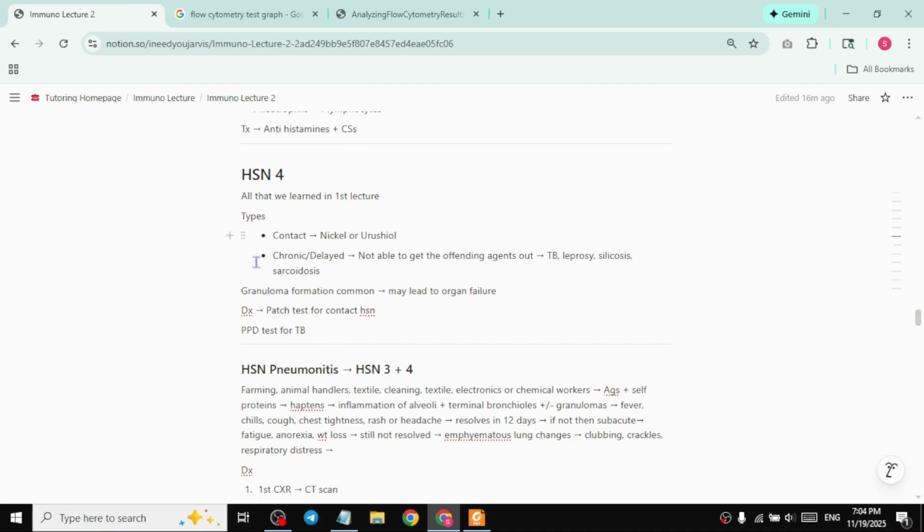What it usually leads to in type 4 hypersensitivity, because of these Th1 and Th2 cells, is granuloma formation. So with all of these delayed type hypersensitivities, you're going to see granuloma. Think about it from the immune system's perspective: I cannot keep fighting them, so I'm going to contain them.